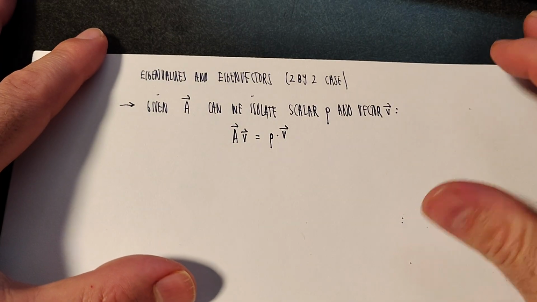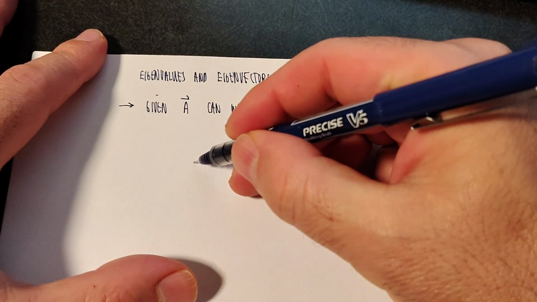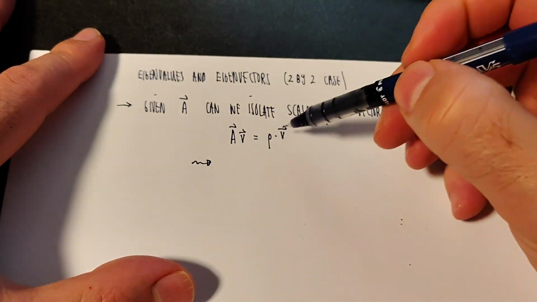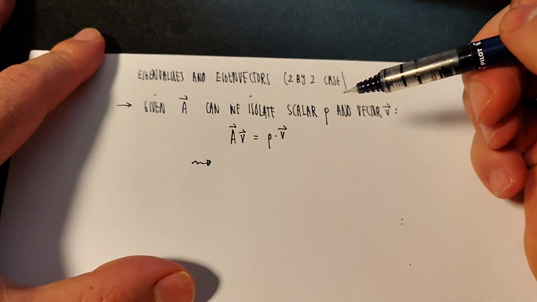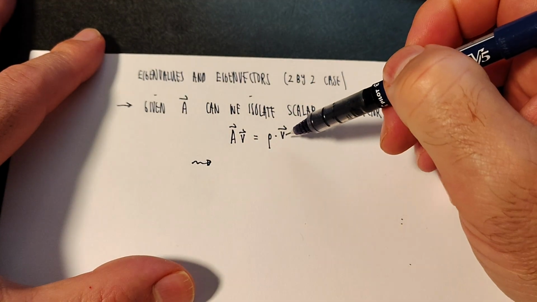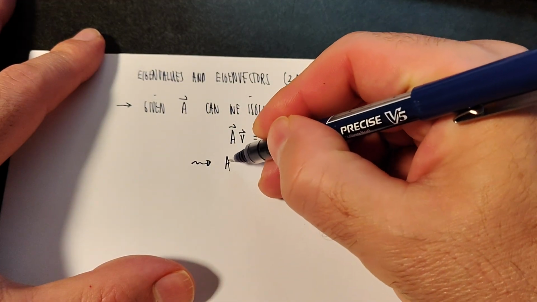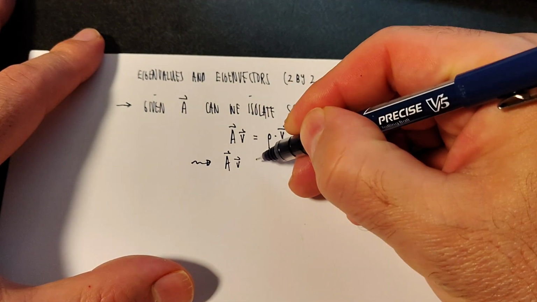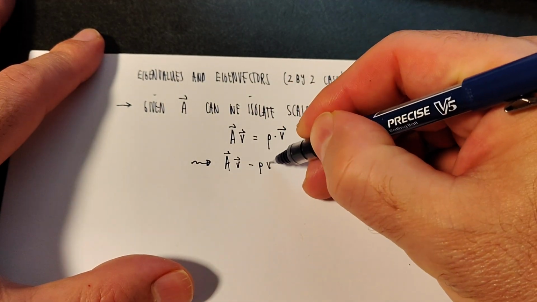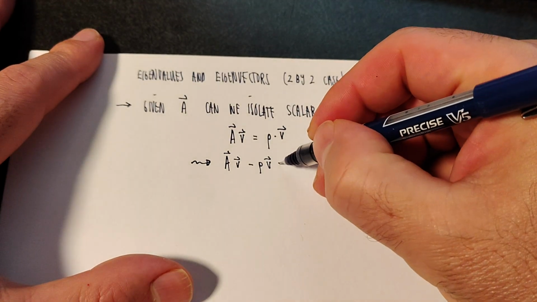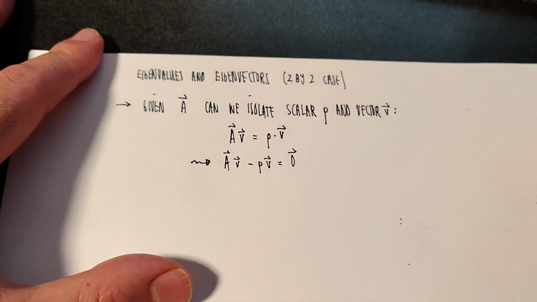Or in other words, this is equivalent to subtracting rho v from both sides, and we can simplify this further. So it'll be A vector v minus rho vector v equals the 0 vector.